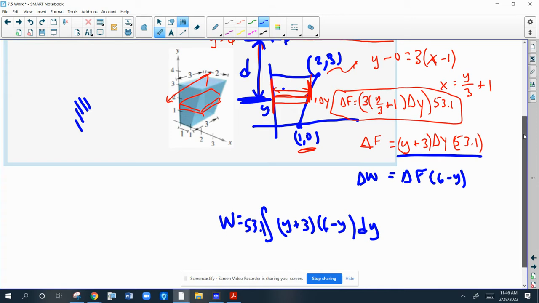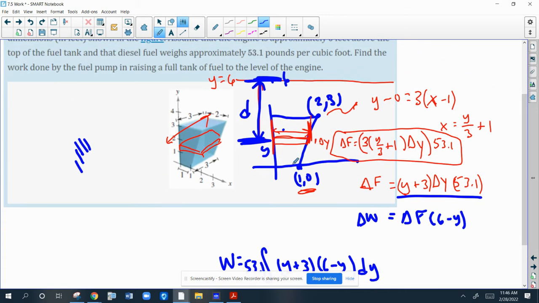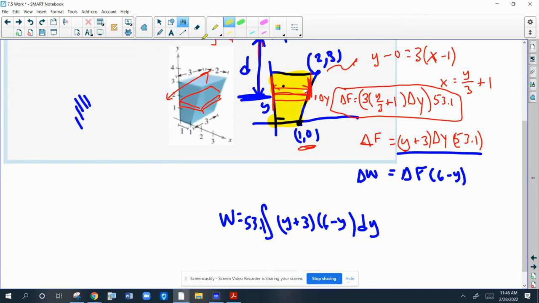Well, since we're doing the entire tank, we're starting from down here at y equals 0 and emptying the whole thing, so to here, y equals 3. So we're going to go from y equals 0 to y equals 3. And that should do it.